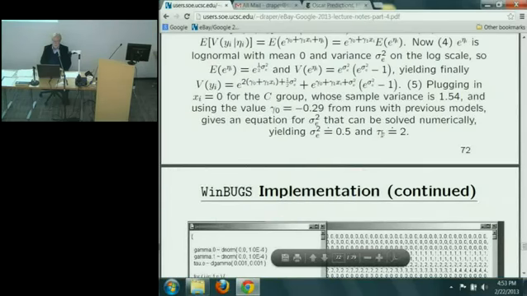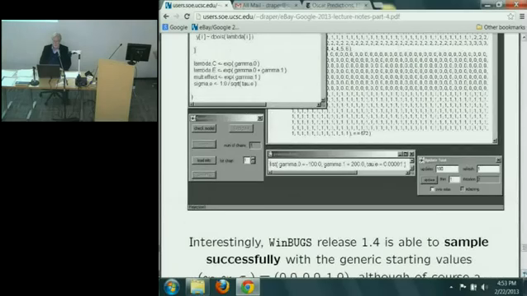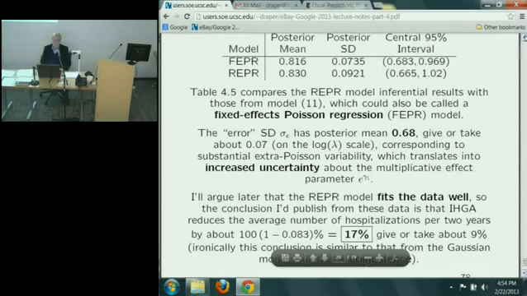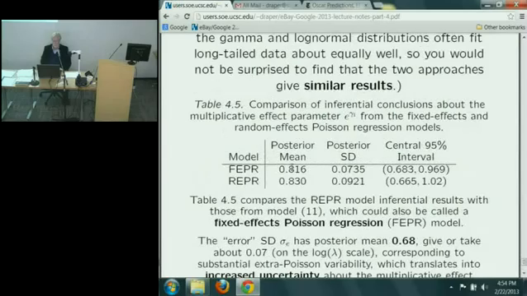There's some more stuff for you to look at here in which I show you what the screen dumps are for all this stuff. And we end up with the conclusion that when we compare the fixed effects and random effects models, the fixed effects model had just about exactly the same point estimate, but its uncertainty band was unnaturally narrow because of the incorrect Poisson assumption.